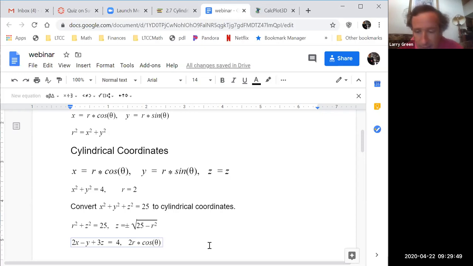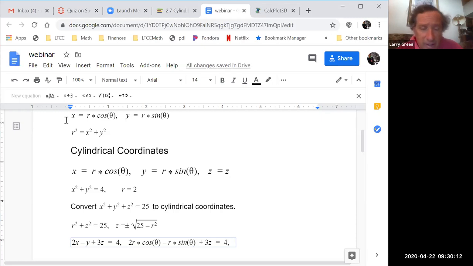And then we have minus r sine theta, because that's what y is. And then plus just 3z. That's the nice thing. z is really easy to convert. You don't do anything. Equals 4.